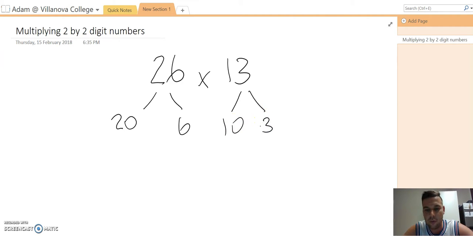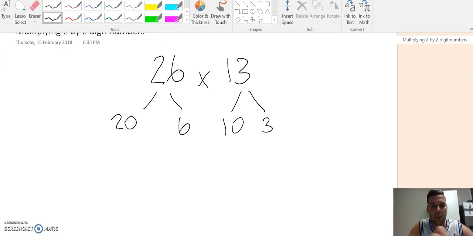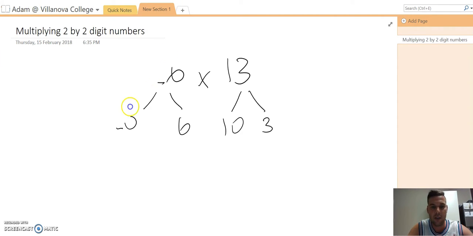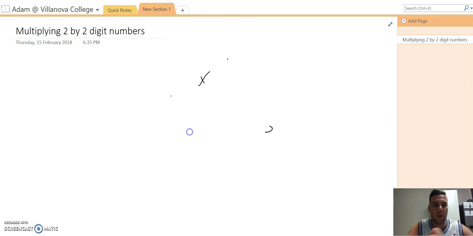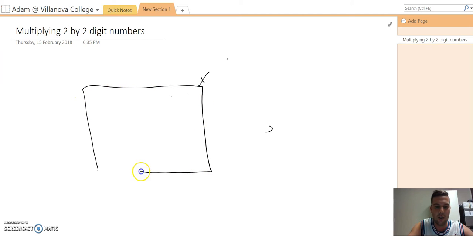In terms of multiplying these numbers together, the best way to do it is to set it out just like our partial product strategy. So we draw our box as we've done in class.